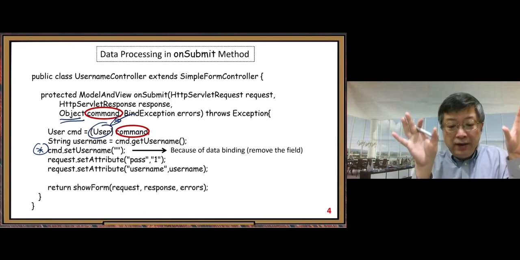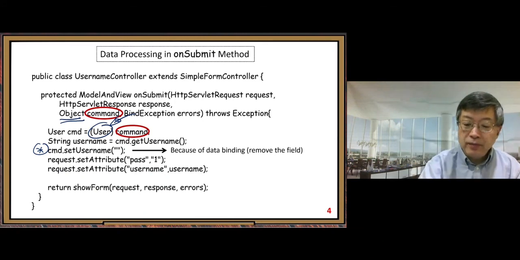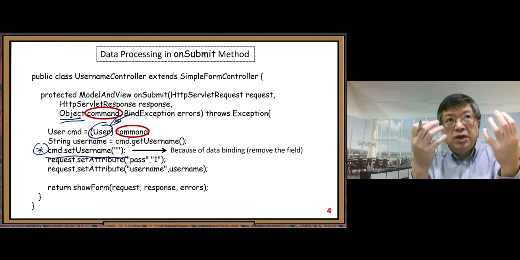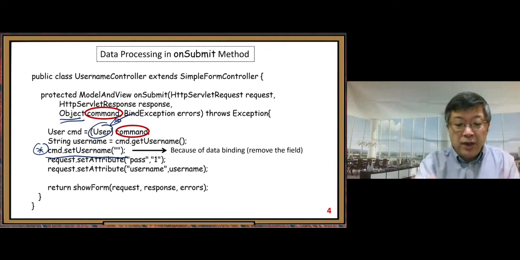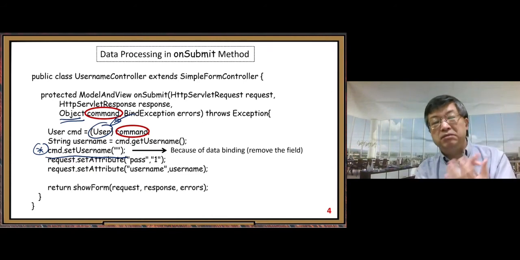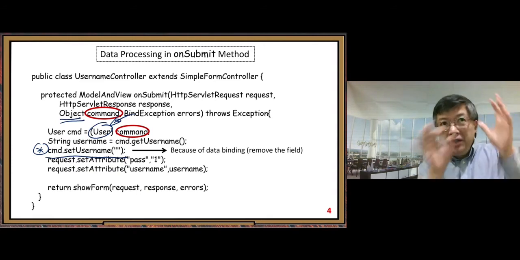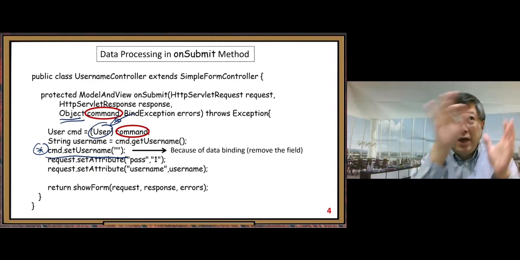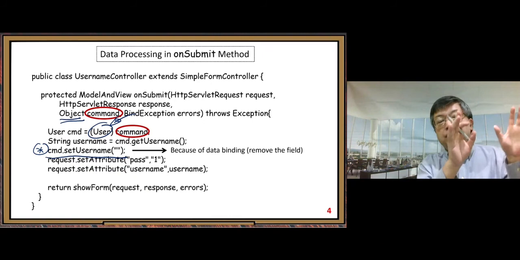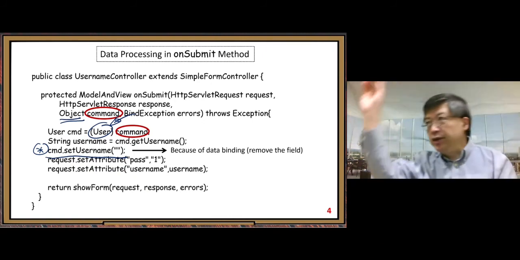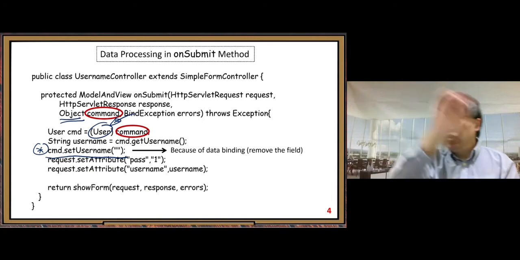automatically. And think about, if we do not do this step, the command object still has the username data in it. All right? And data binding is a two-way setup. After the user clicks the submit button, data is submitted to the controller.